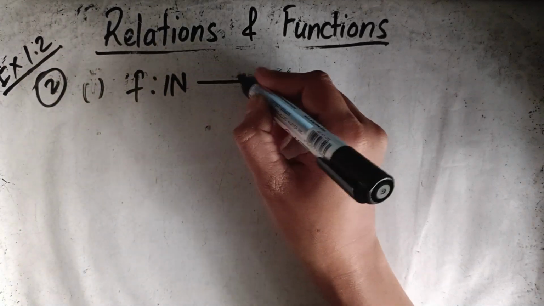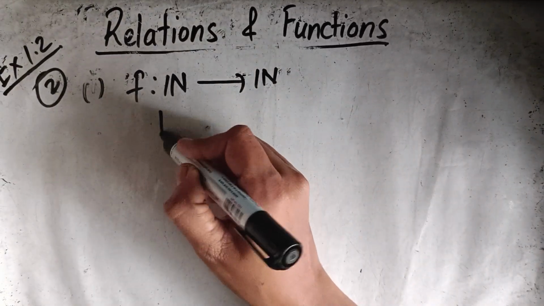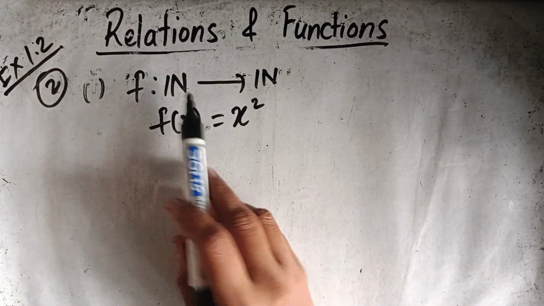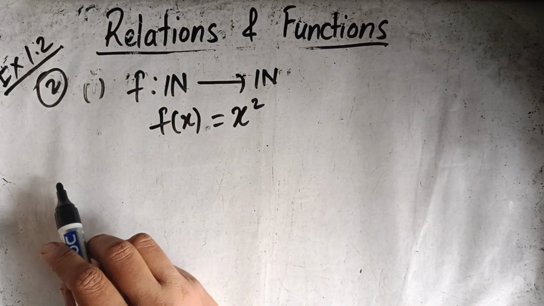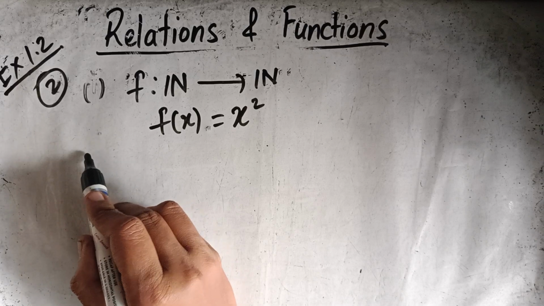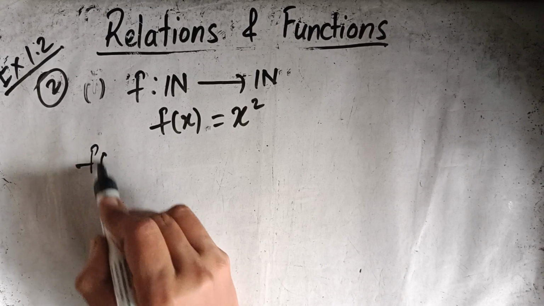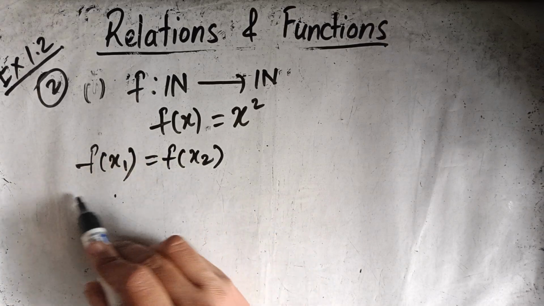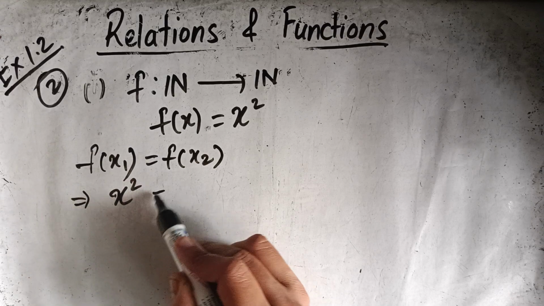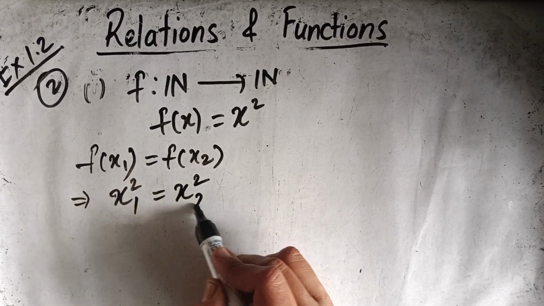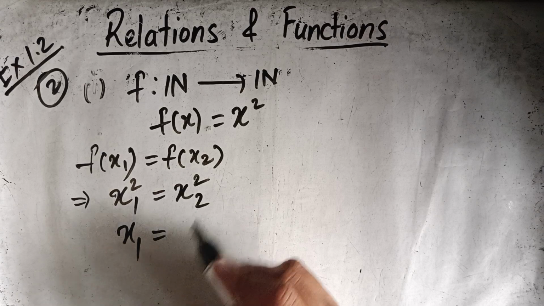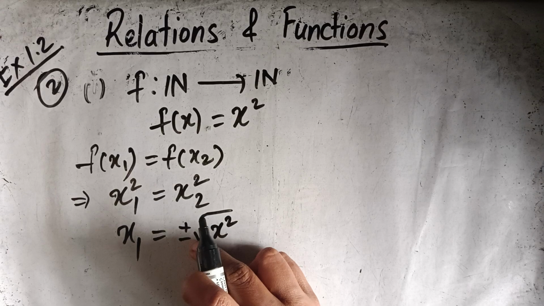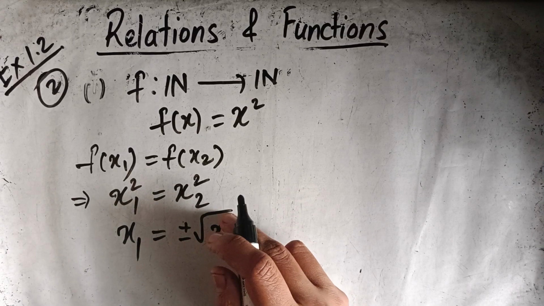We have to check for one-one and onto. Now this is a set of natural numbers. For one-one, f of x1 is equal to f of x2. So x1 square is equal to x2 square. So x1 is equal to plus or minus root of x2 square, that is x2.